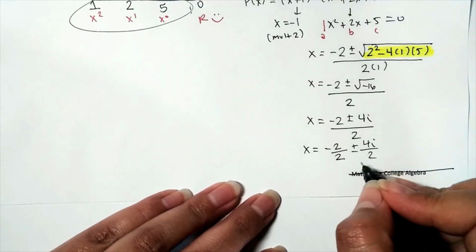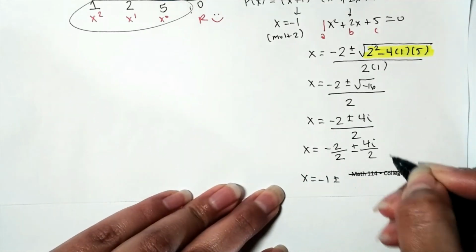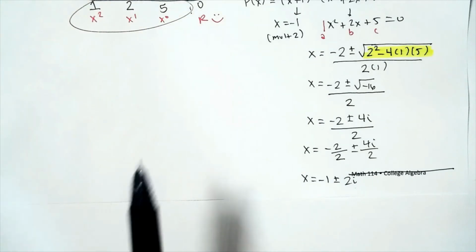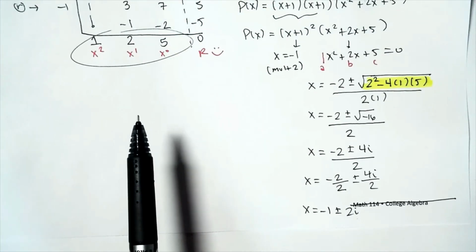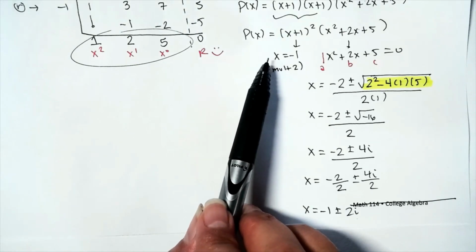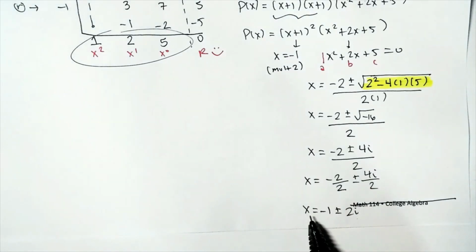The quotient of negative 2 and 2 will give us negative 1. The quotient of 4i and 2 will give us 2i. The degree of the polynomial is 4, so we're expected to have 4 zeros. The first 2 come from negative 1, so negative 1 recycled twice. The third one comes from negative 1 plus 2i, and the fourth one comes from negative 1 minus 2i.